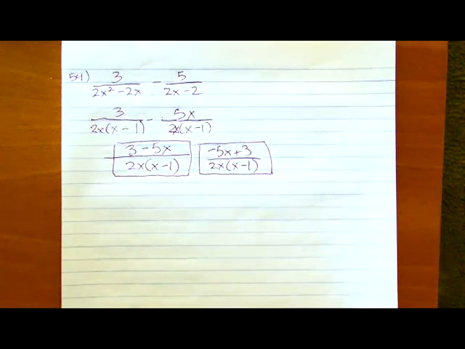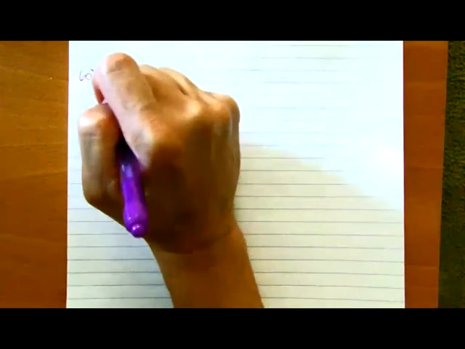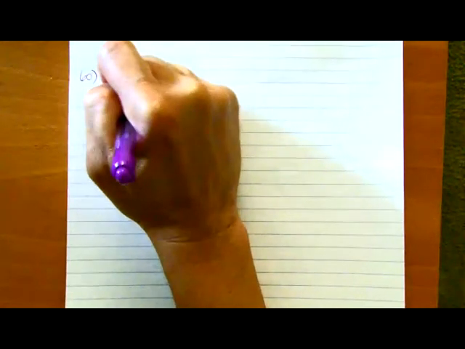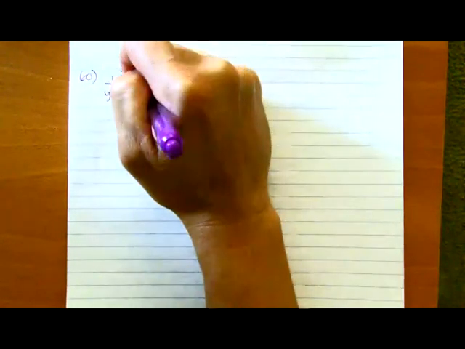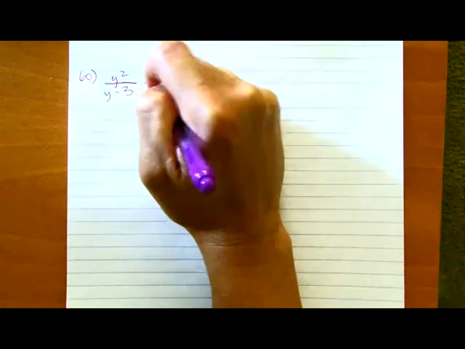Number 60. Says y squared over y minus 3 minus 9 over 3 minus y. Okay, we can do this a bunch of ways.